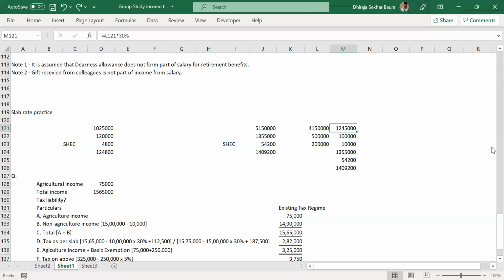I deducted 51 lakhs 50,000 minus 10 lakhs into 30%, that came to 12 lakhs 40,000. Perfect. And the 20% category, how much did you get? 5 lakhs into 20%, that came to 1 lakh. Similarly, the 5% category, how much? 2 lakh 50,000 into 5%.